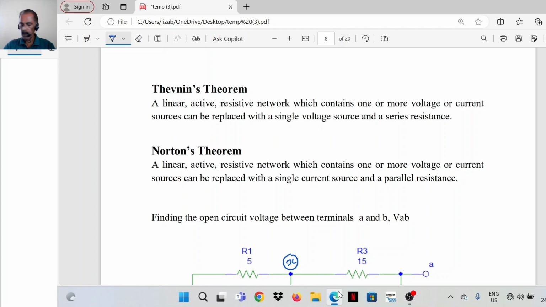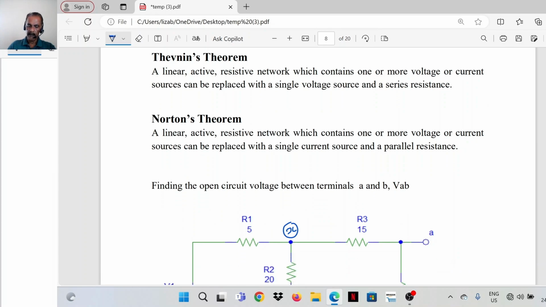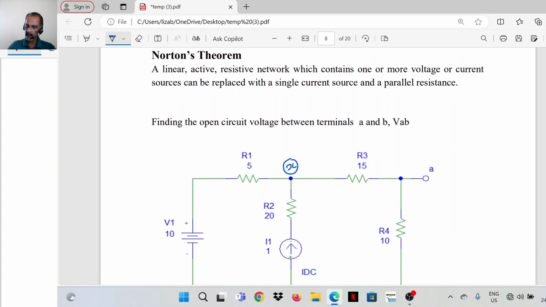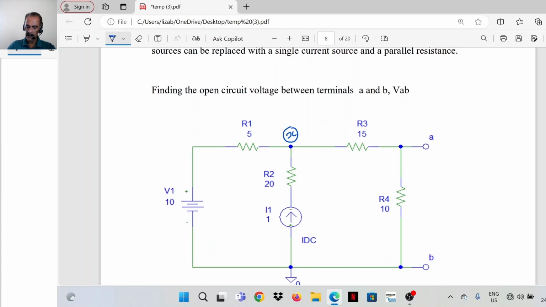Norton's theorem has a similar statement: a linear active resistive network which contains one or more voltage or current sources can be replaced with a single current source and a parallel resistance. So according to Thevenin's theorem, a linear active resistive network containing one or more voltage or current sources can be replaced with a single voltage source and a series resistance.